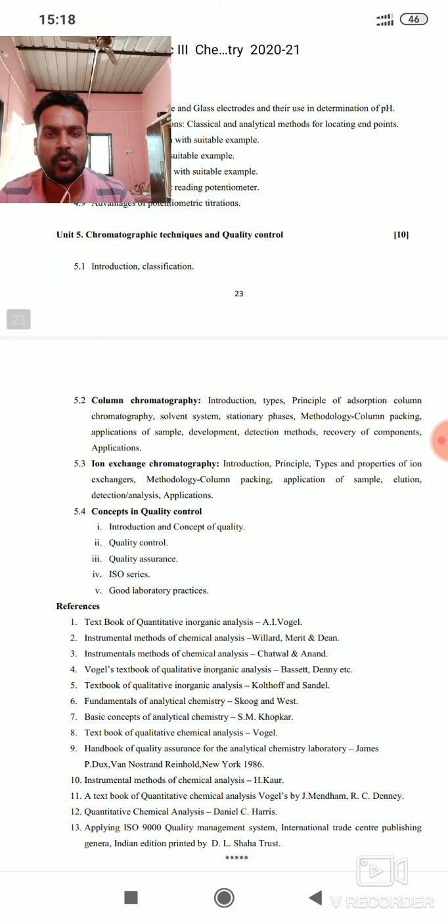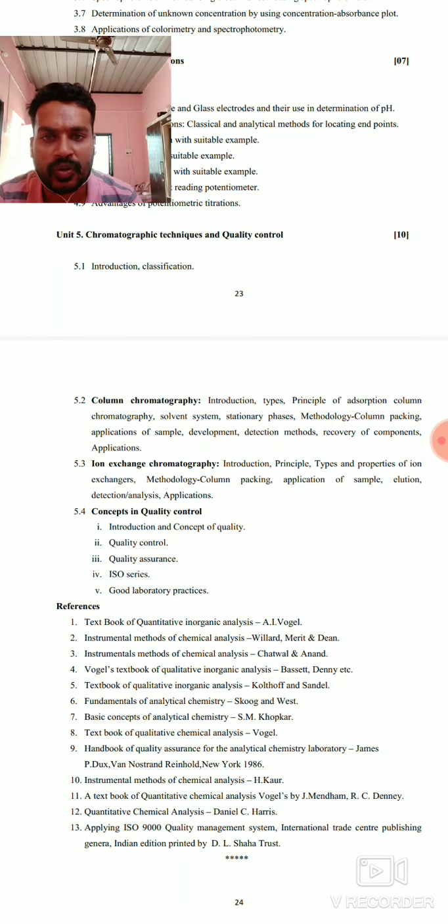Now what points are we going to discuss in this chromatography techniques and quality control? We are going to discuss the classification of different chromatography techniques, in which we will discuss in brief column chromatography and ion exchange chromatography, and lastly the concept of quality control.